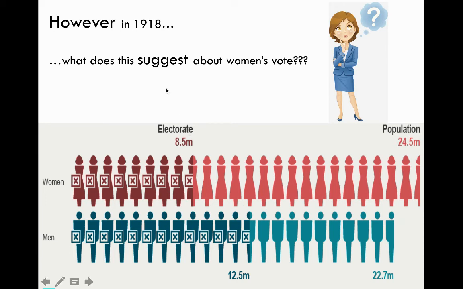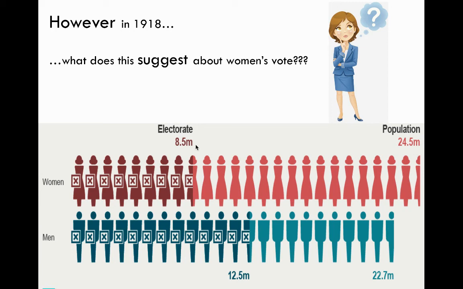So, the vote was granted to women after World War I. Yet this is actually who it was granted to. If you're looking at women, 8.5 million women out of a total population of 24.5 million women actually gained the vote.